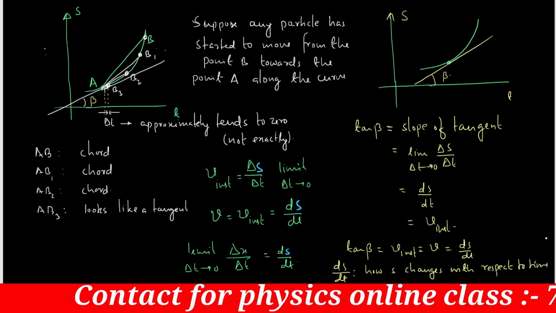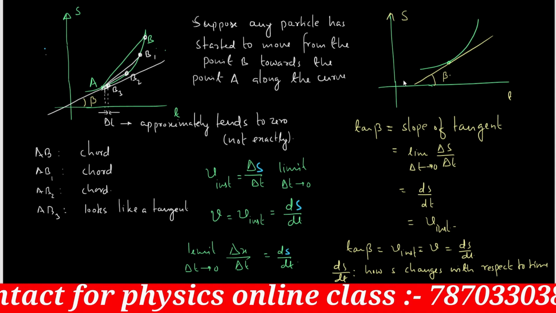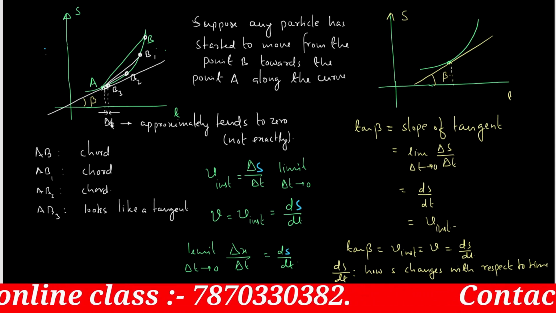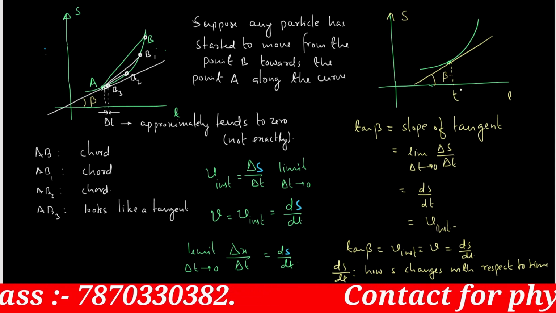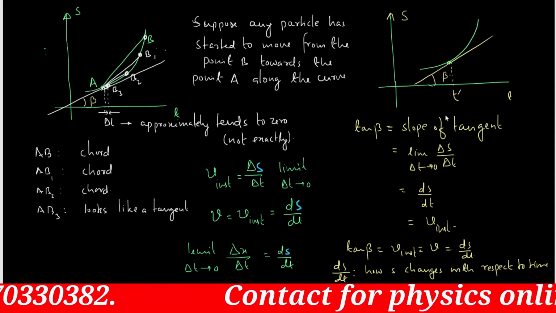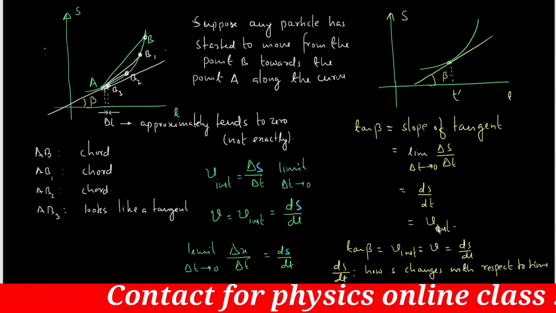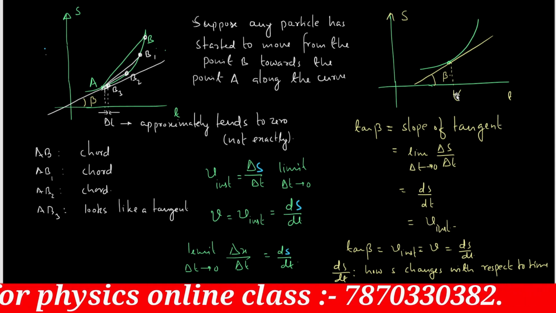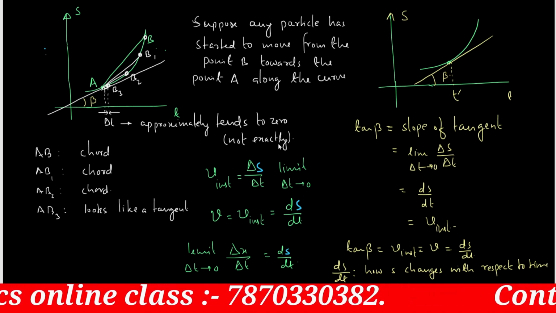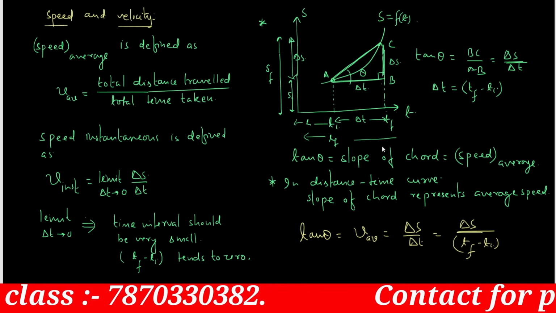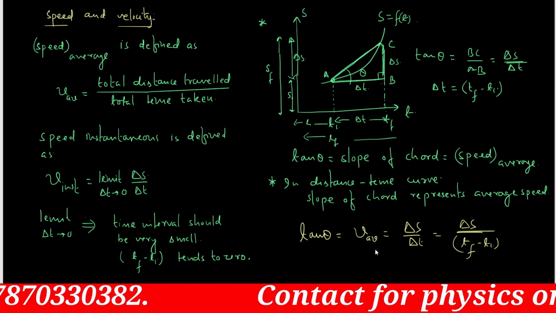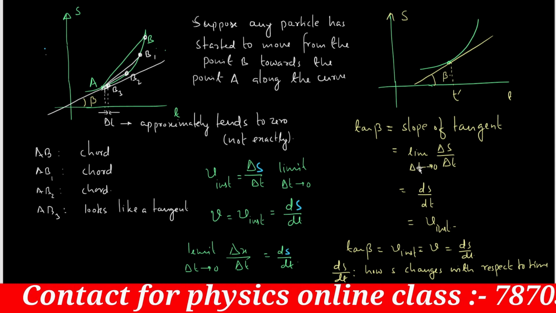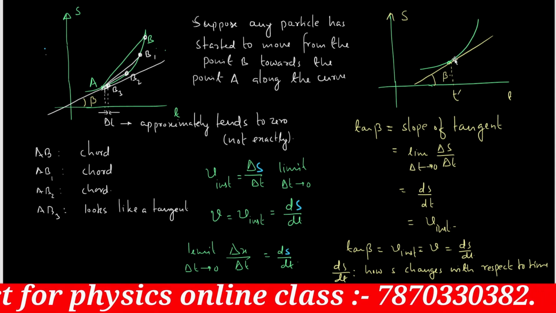I got this angle at this particular time, say t dash. So V instantaneous is the value for a particle moving at a particular time t dash, not an interval. We have to say interval in the case of V average, not V instantaneous. In the case of V instantaneous, it is a particular instant of time.